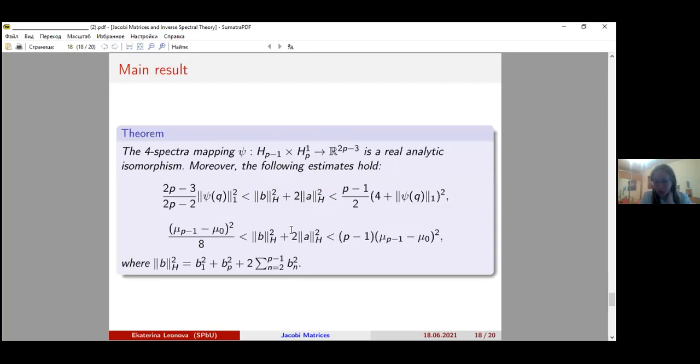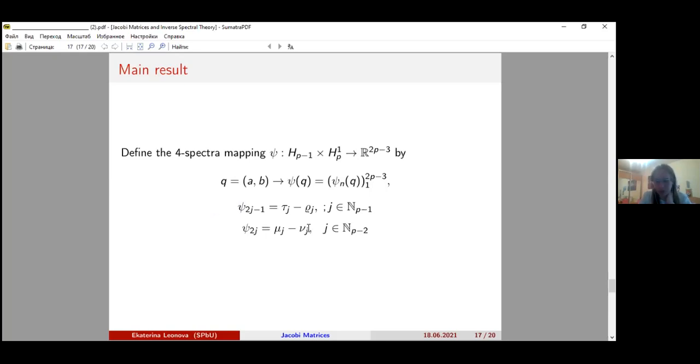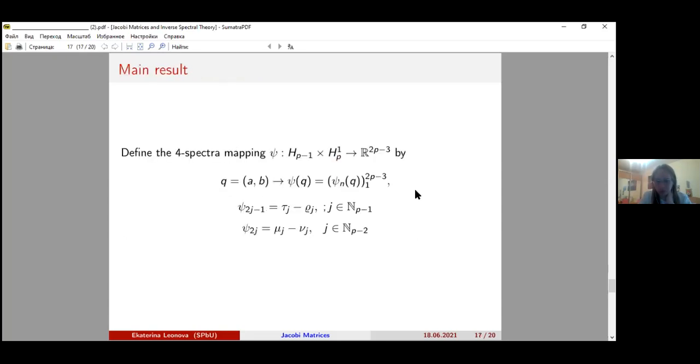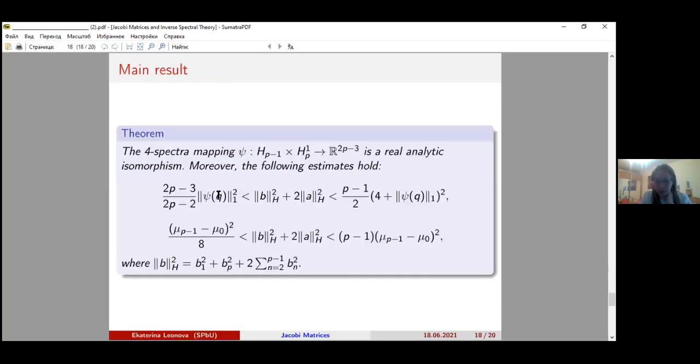Or we can actually do it like, the interesting thing is that here you can see, we just didn't use these two guys. So there are two estimates. One is based on the four-spectrum mapping that does not use mu0 and mu p minus 1, and another one is based only on them.